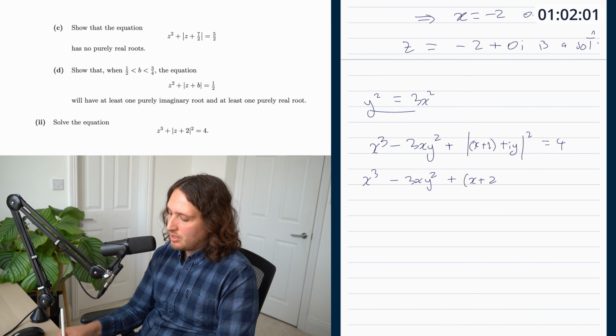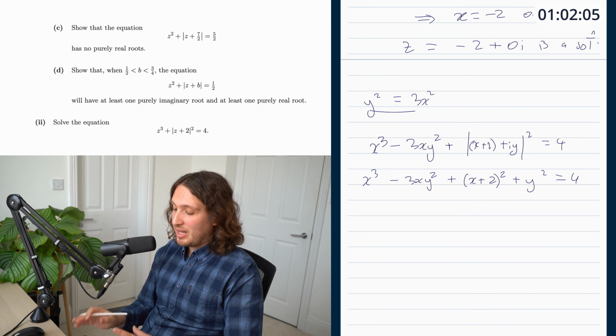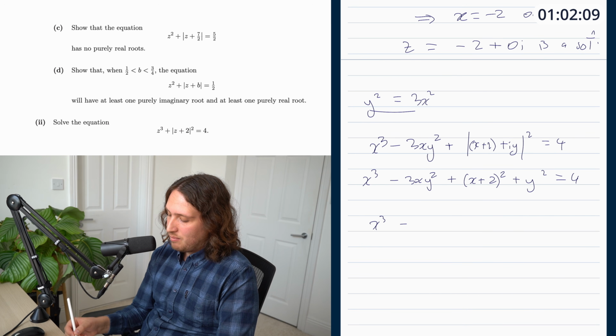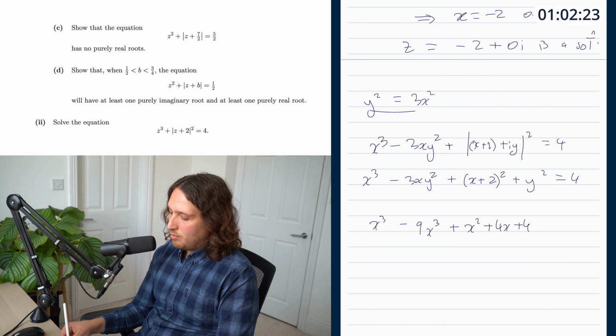So x plus 2 squared plus y squared equals 4. Now I'll replace all the y squared with 3x squared. X cubed minus 9x cubed plus x squared plus 4x plus 4 plus 3x squared equals 4.